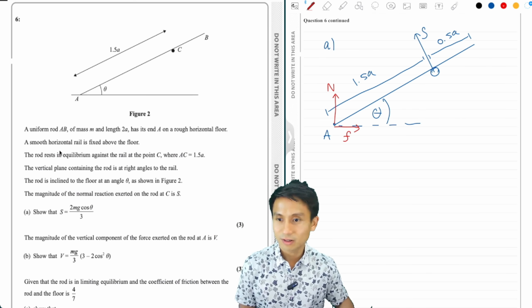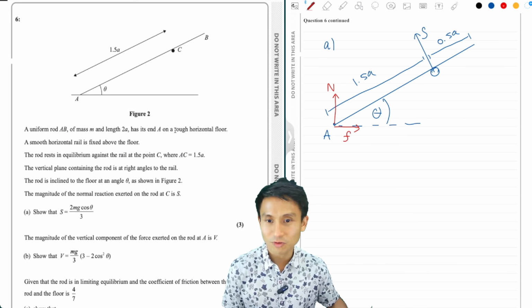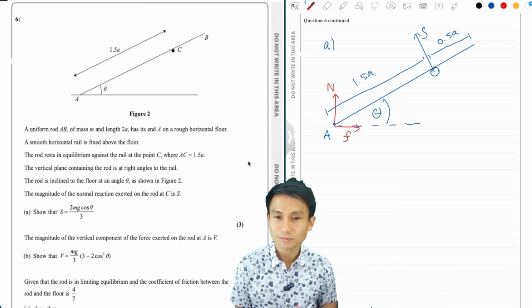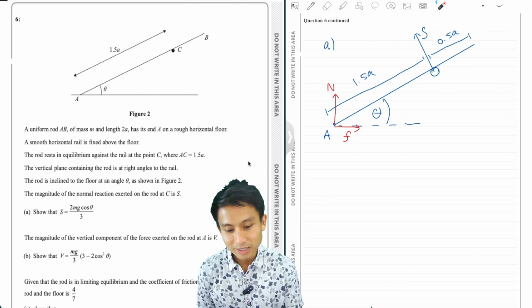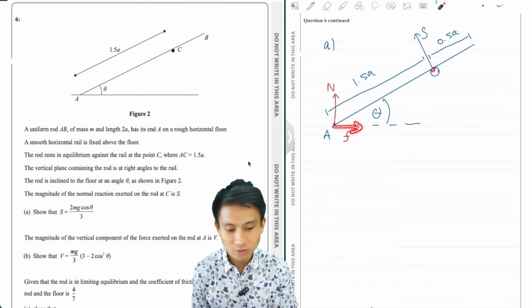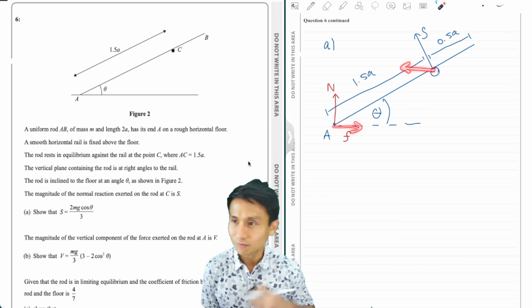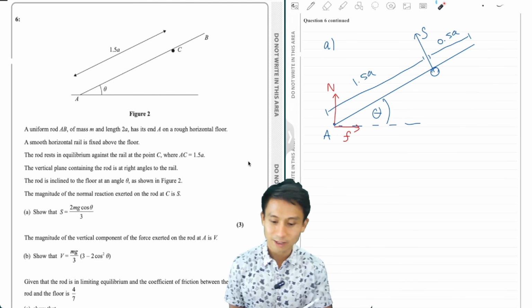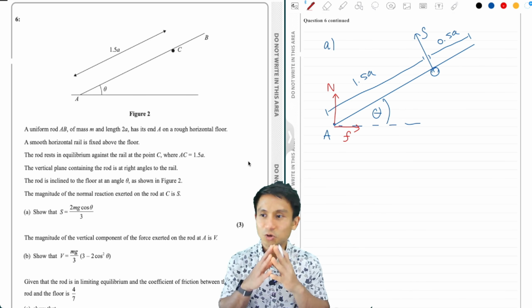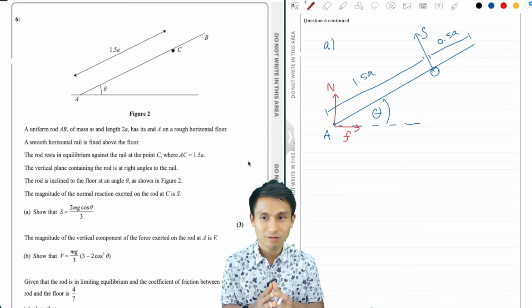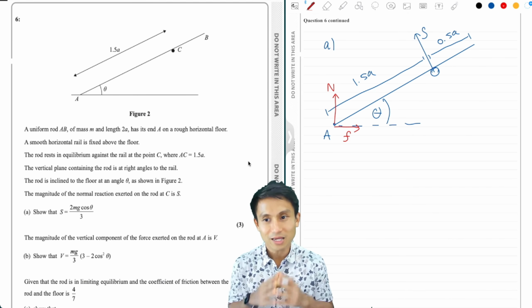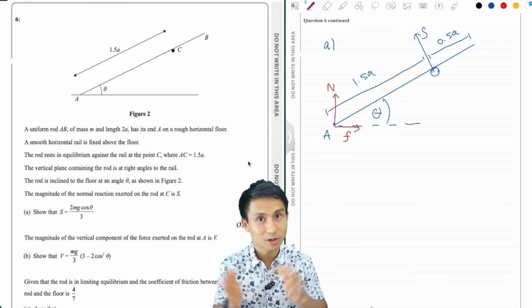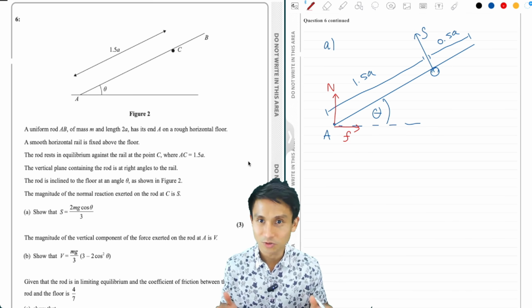There you go. Now, in this case, friction is going to the right because you would have the S component going to the left, just to balance them out. Because you have these two forces as well, and you don't know them yet, taking moments about A would be a wise choice to do here first, in order to find S.